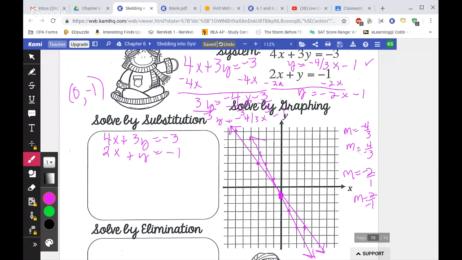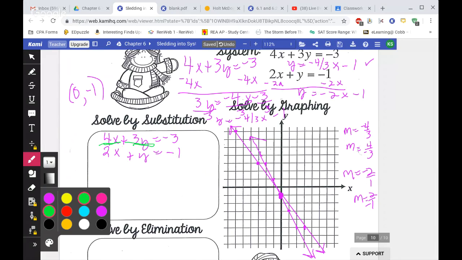Which of the two equations has a term in it with a variable that has a coefficient of 1? What's the coefficient on this term? 4. Good.